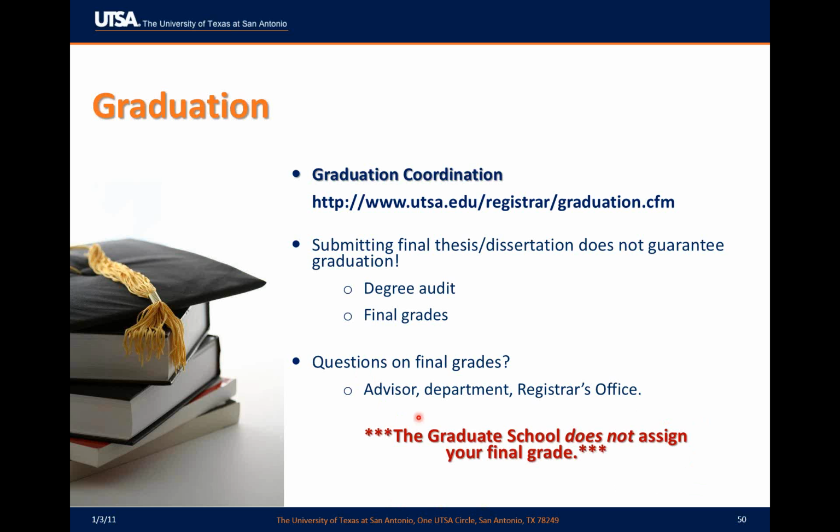So if you're looking at ASAP and you're noticing that it still says RP and you have not gotten a grade for your thesis or dissertation, start by contacting your advisor or your department. If you want to contact the registrar's office to find out when they will be posting final grades, you can, but we are not the ones to assign your final grades, so we can't answer questions for you on your final grades. All right, so we have reached the end.